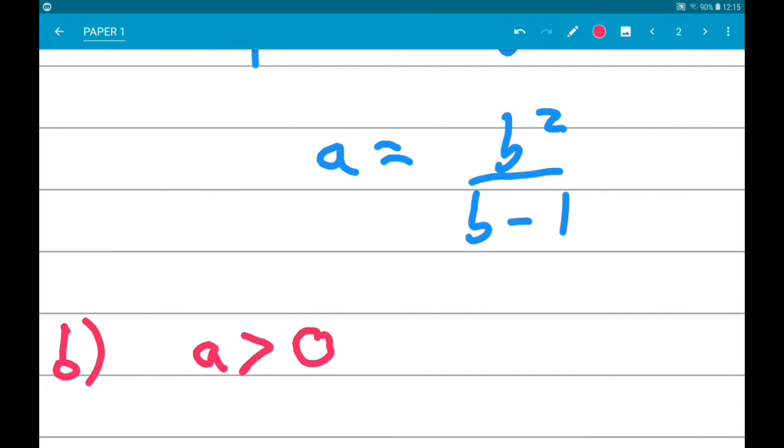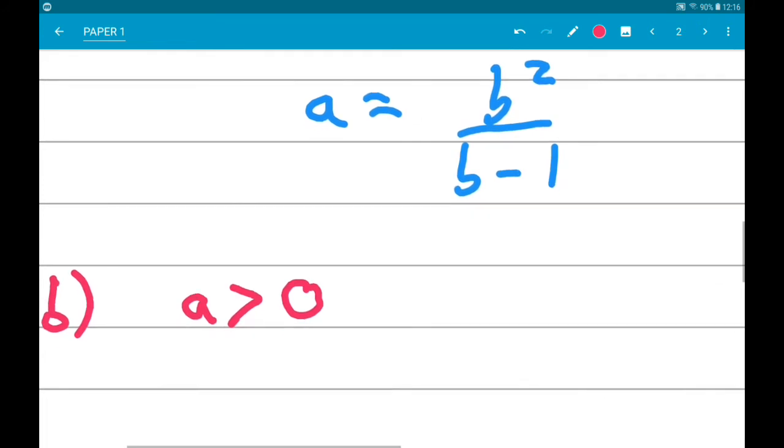So, that means that B over B minus 1 must also be greater than 0, which means B minus 1 must be greater than 0.